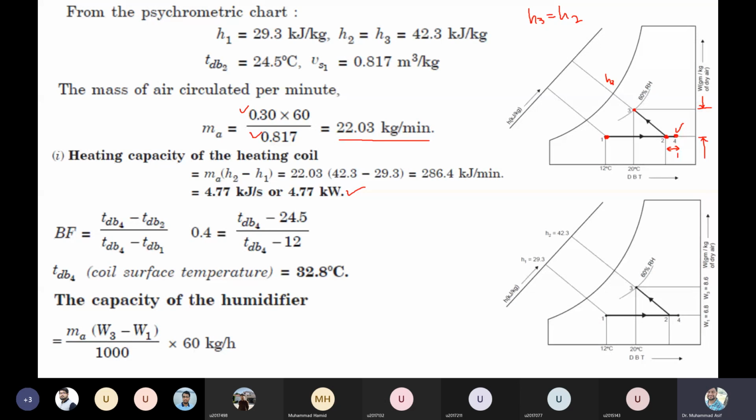Because the unit for omega is milligram of the water vapors per kg of dry air. If you simplify that, you will get about 2.379 kg of water vapors in 1 hour. So this is the required capacity for the humidifier, right?